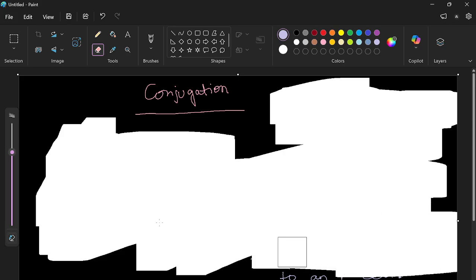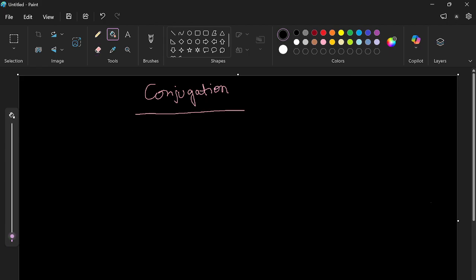Now let me go through the advantages of the conjugation process. Why is it important for bacteria to go through conjugation, and why must plasmids be transferred from one bacterial cell to the other?